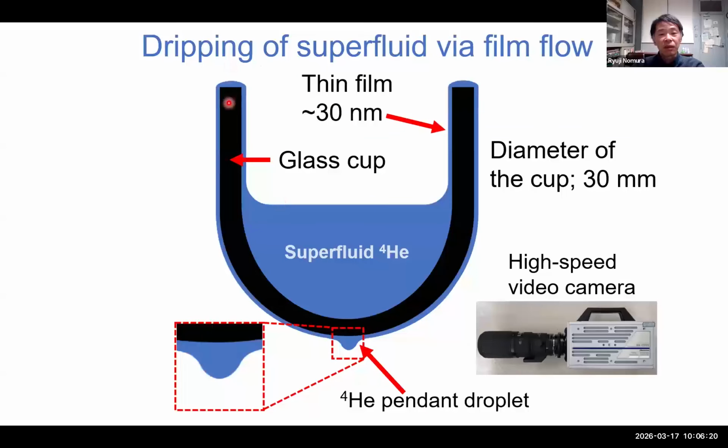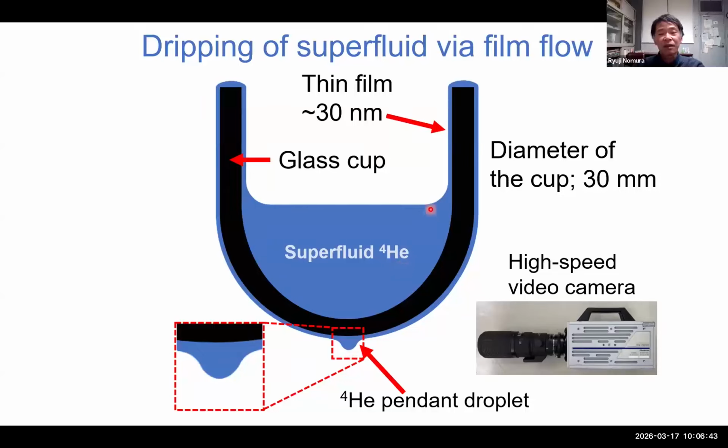But if we scoop our superfluid liquid into this cup, it climbs up the wall due to the complete wetting, against gravity. The thickness of this film is of the order of 30 nanometers. It forms the same film, and it drips from the bottom.